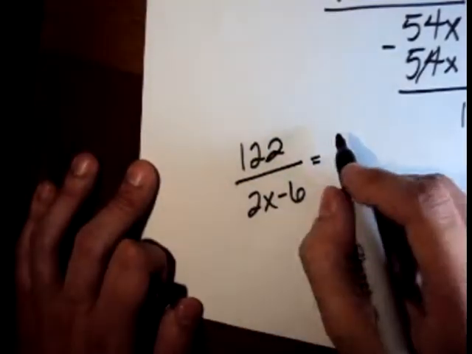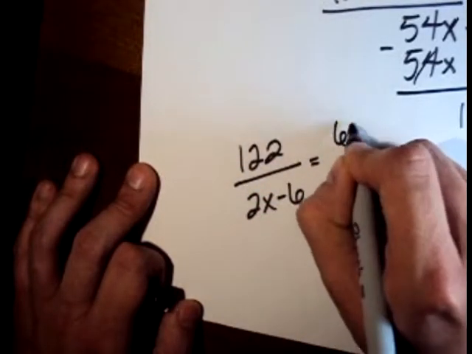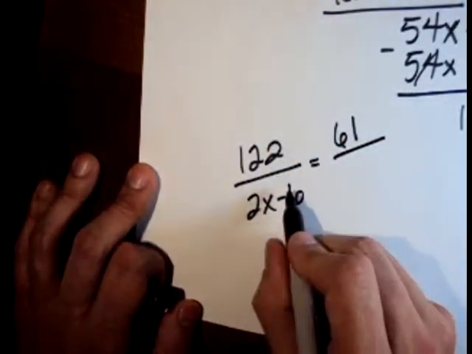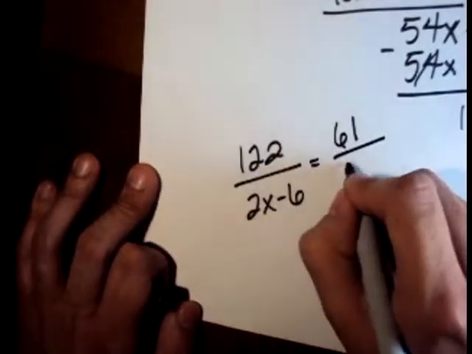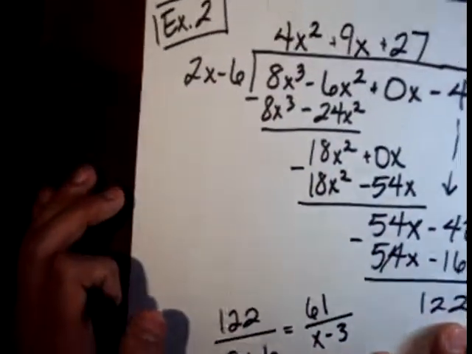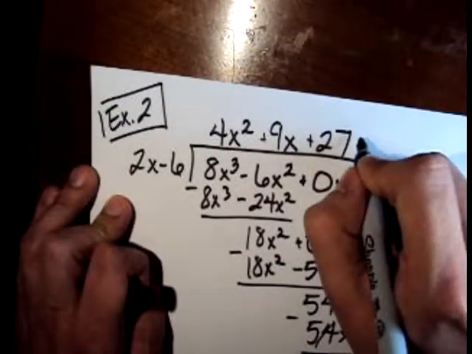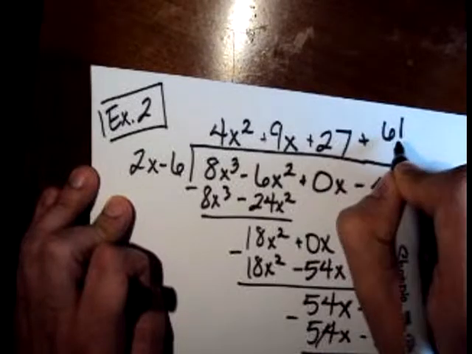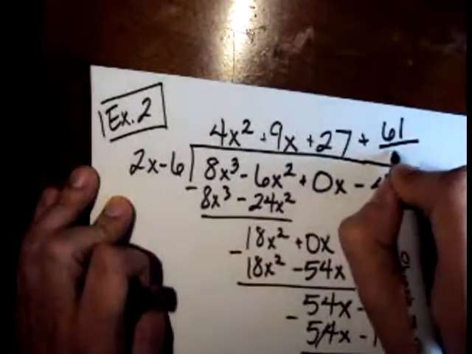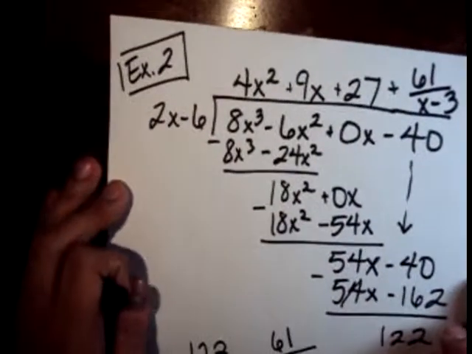So we can divide everything by 2. So half of 122, well, that's going to be 61. And half of 2x minus 6, half of 2x is x, half of minus 6 is minus 3. So when we come back to the top and we deal with our remainder, we call that plus 61 over x minus 3. So that's our answer.